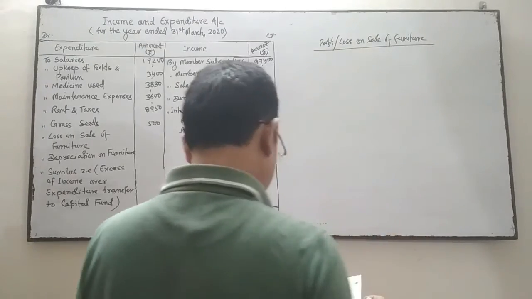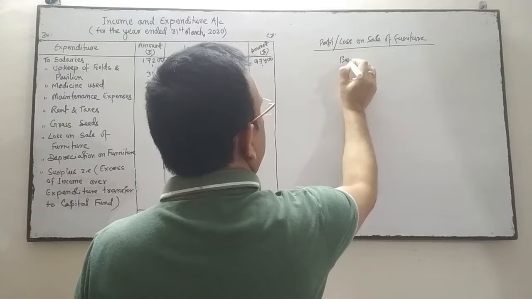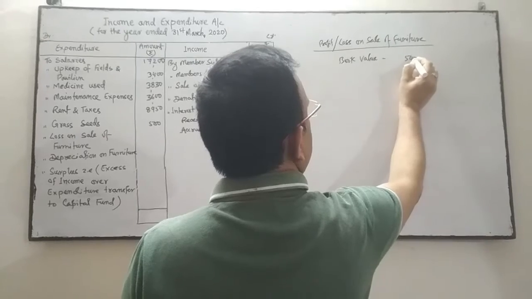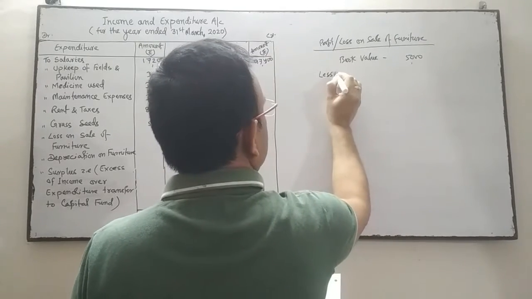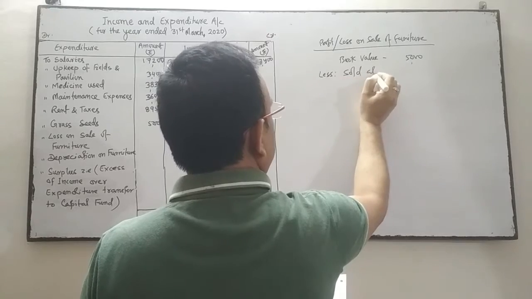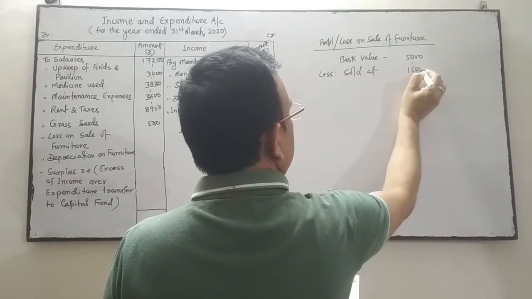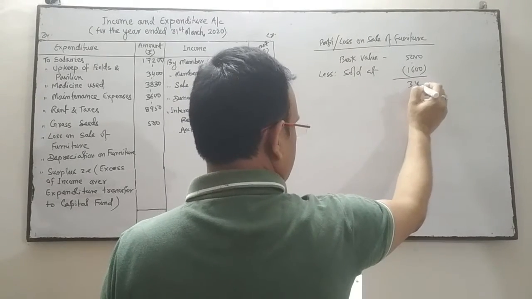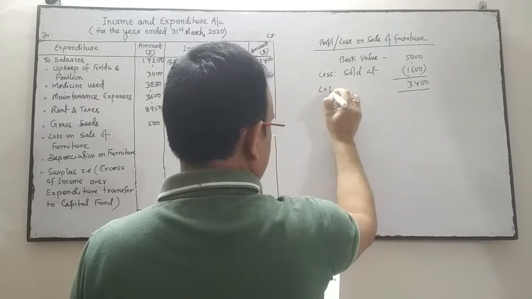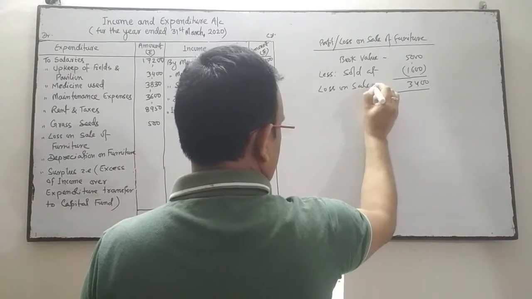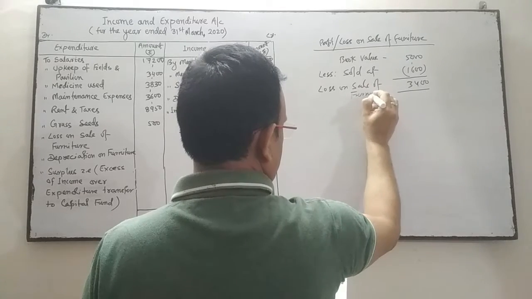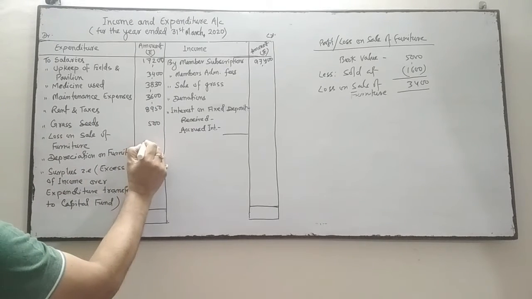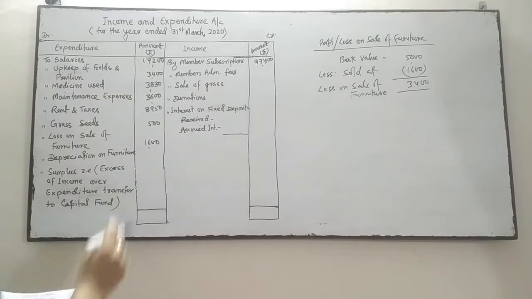The book value of the furniture sold is 5,000 and this furniture is sold at 1,600, which is less than the book value. So the difference amount 3,400 indicates the loss on sale of furniture. You write it over here, loss on sale of furniture.